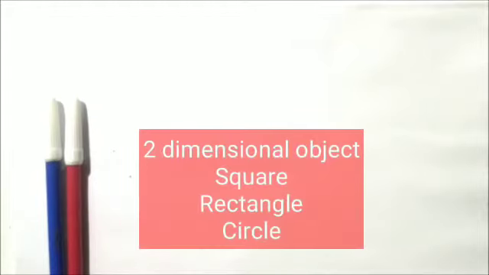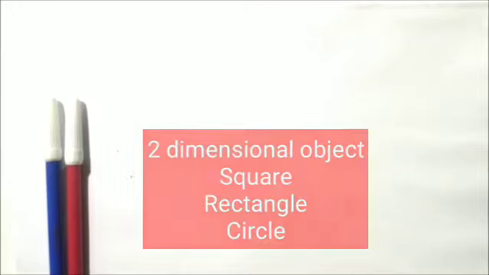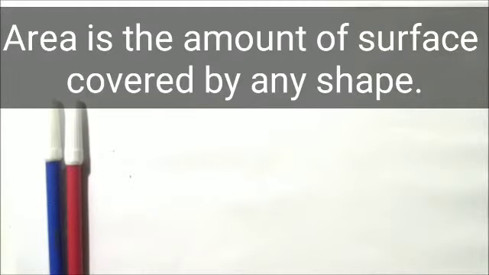But in this video we will limit ourselves to 2-dimensional objects like square, rectangle, circle and all. Now let us try to understand the concept of area. As the definition said, the area is the space or surface covered by a shape.